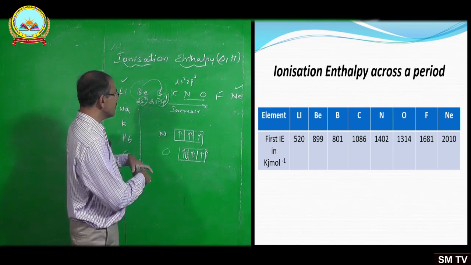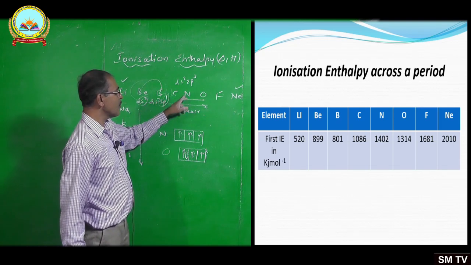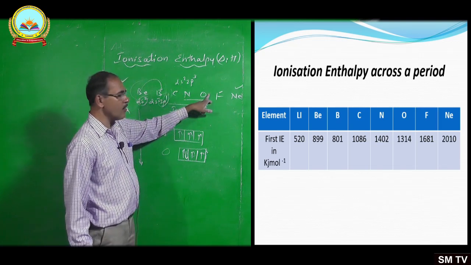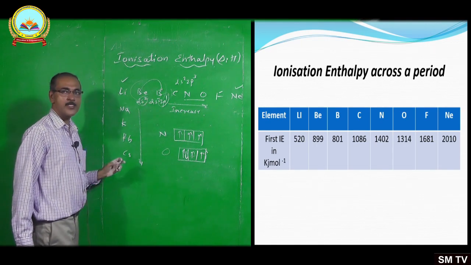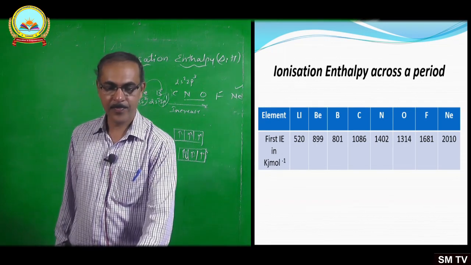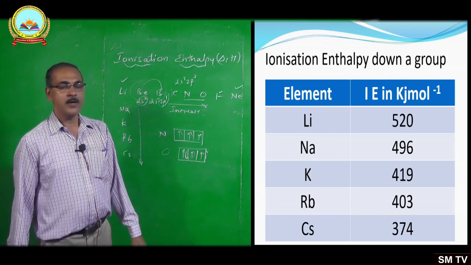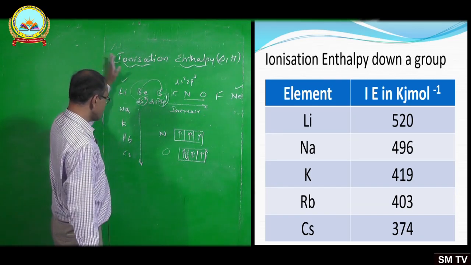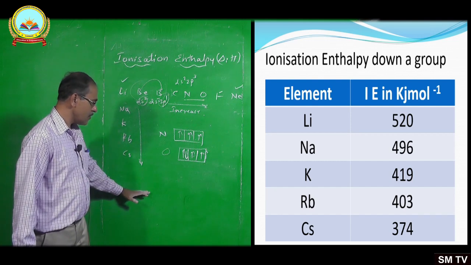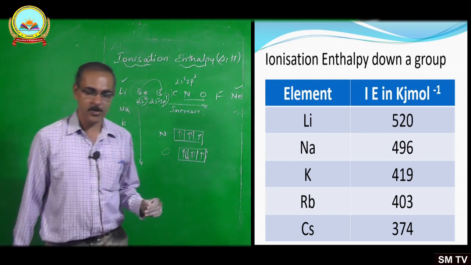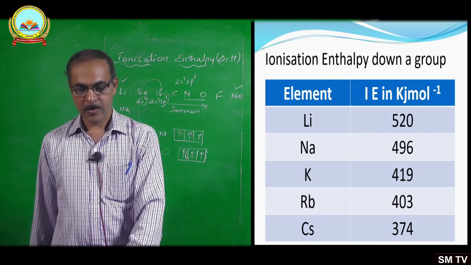That's the reason the ionization enthalpy of nitrogen is more than that of oxygen. These abnormalities you have to remember. Okay. Then we discussed the general trends. Here, no doubt, the ionization enthalpy decreases down the group. Okay. Thank you.